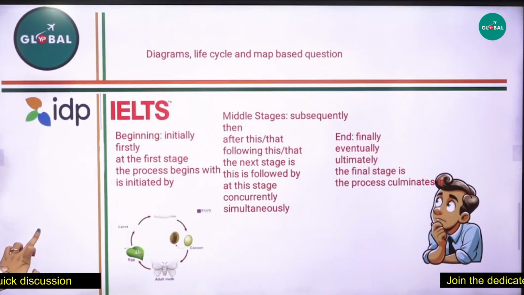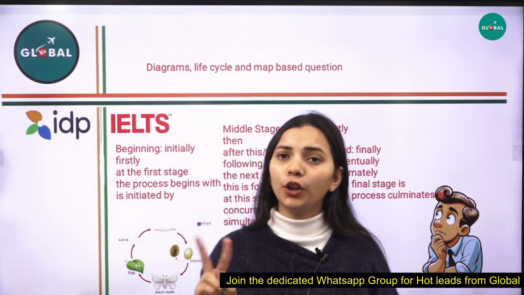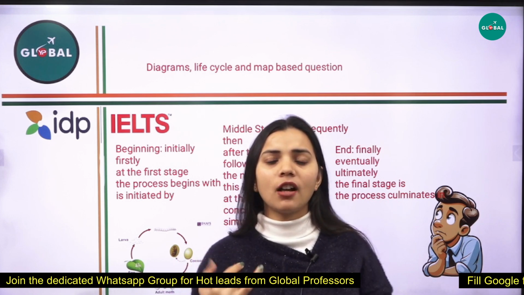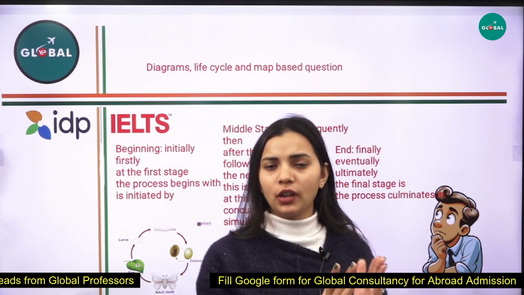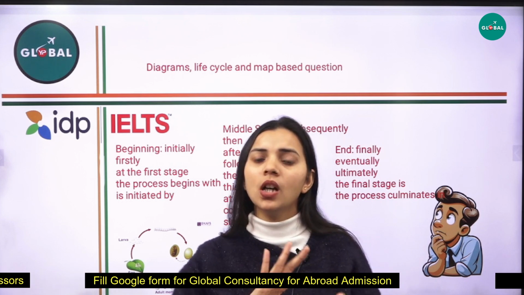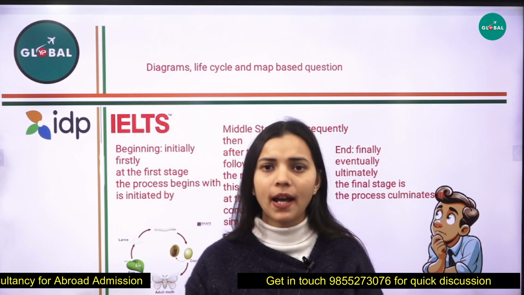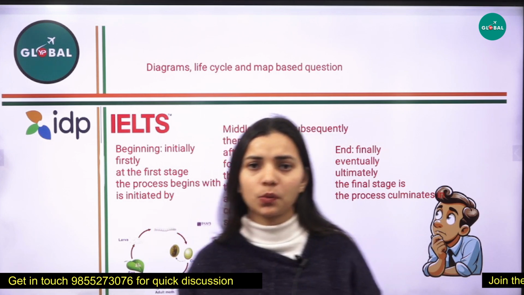Coming towards the diagram. Now guys, we have two types of Task 1. One is the line graph, bar graph, pie chart, horizontal bar graph. These are the different kinds of questions where we have to use mixed kinds of words, fixed variable plus moving variable. Whereas on the other hand, we have a different kind of question in Task 1 related to diagrams.